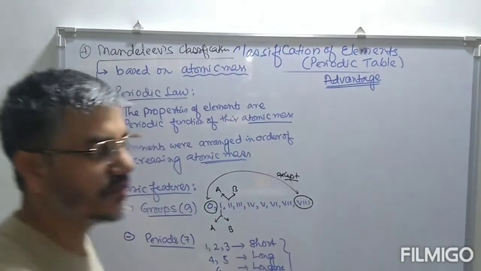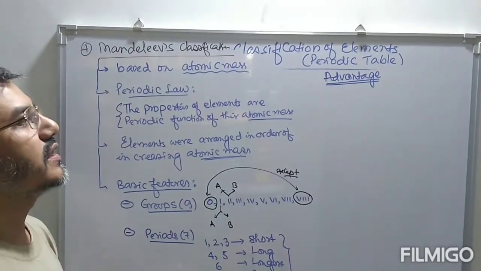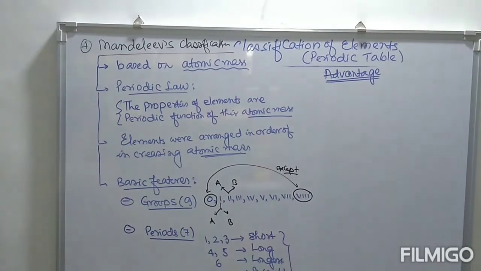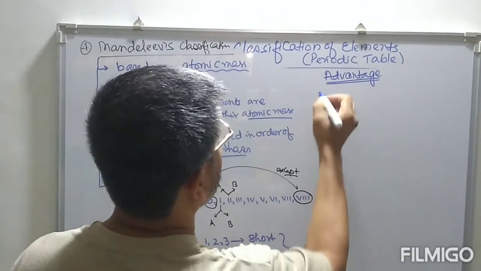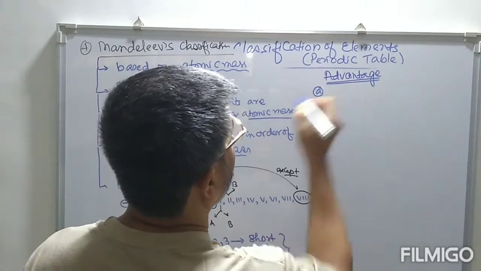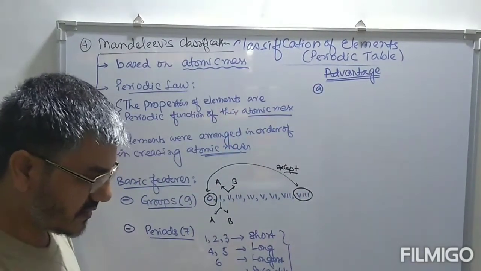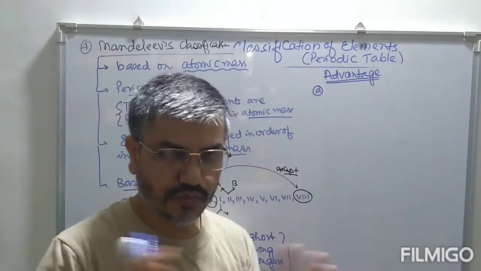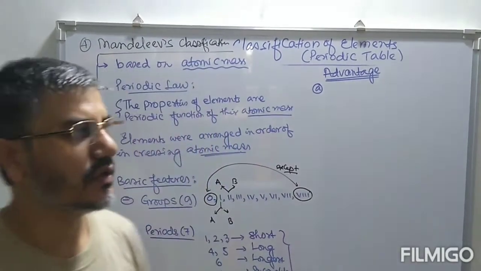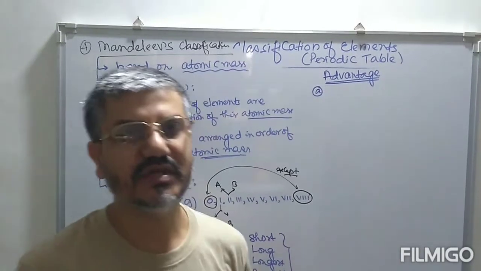Advantages of Mendeleev's classification of elements. The first advantage of this classification is that the elements were grouped according to their similar properties.